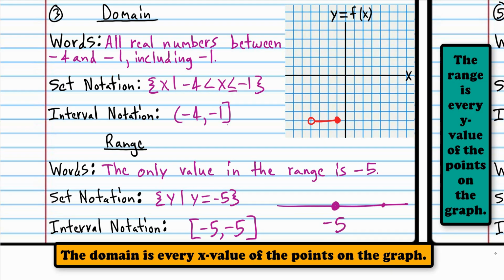If you had an interval, say -3 to -5, then there's space in between. That's what interval means. But because there's only one number, there is no space in between. So interval notation doesn't really make sense. But if you had to write interval notation, it would look like this, because there's nothing in between -5 and -5. But we use brackets because -5 is part of the range.